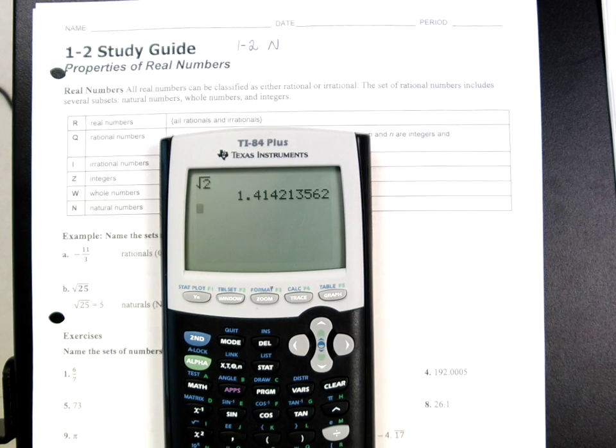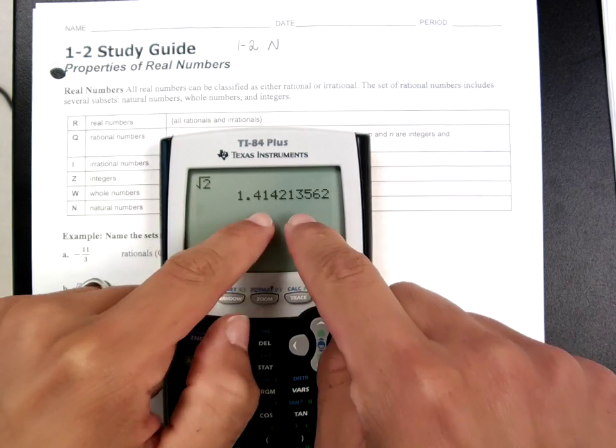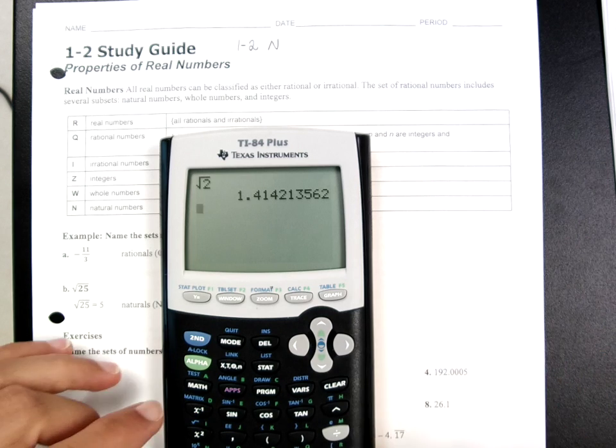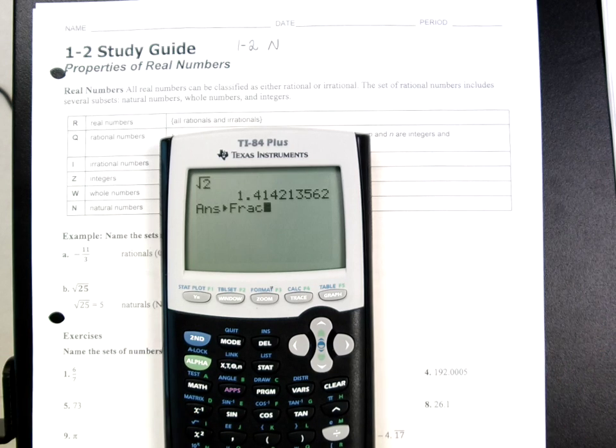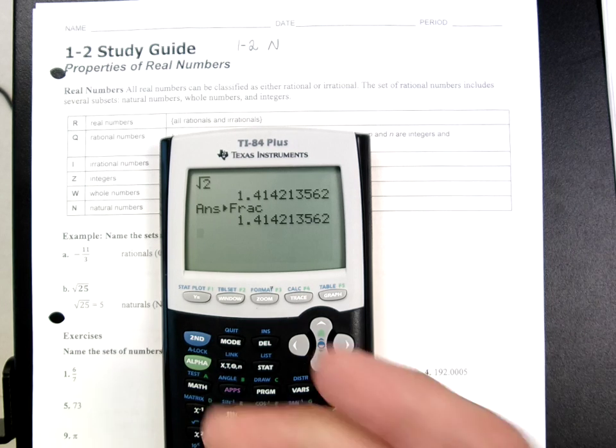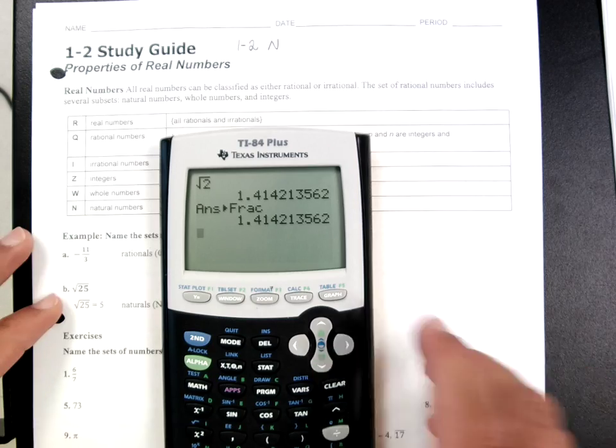This square root of 2 is an irrational number, but sometimes it's hard to tell. With this calculator, you can tell really quick. If you're able to turn this decimal into a fraction, then it's rational. Otherwise, it's irrational. If I press math and enter, enter, it should give me a fraction, but it doesn't because it can't. This cannot be put as a fraction, so that's an example of something that's irrational.